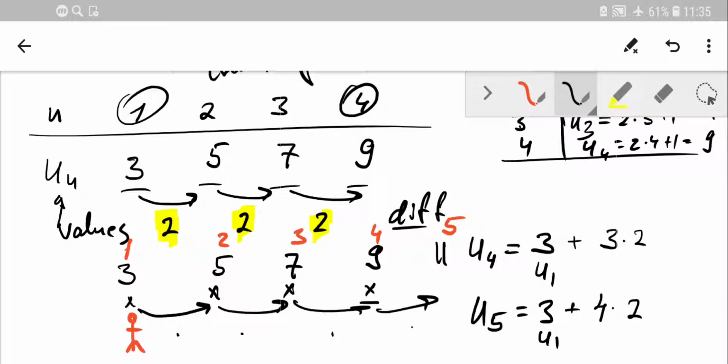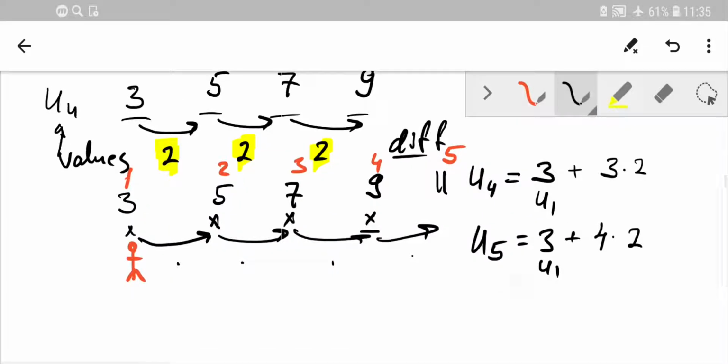Let's try to generalize this. For example, you skip several steps, and now here is the nth stone somewhere on the way. Again, you should start from the first value, 3, that's u1. How many jumps do you need to do in this case? Let's have a look at the values. u4, 3 jumps. u5, 4 jumps.